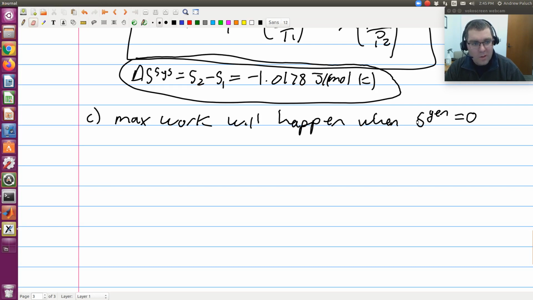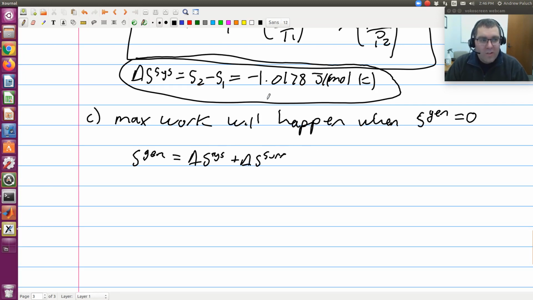All right, so let's write down my equation for Sgen and see where that leads us. Sgen is going to be equal to delta S of my system plus delta S of my surroundings.